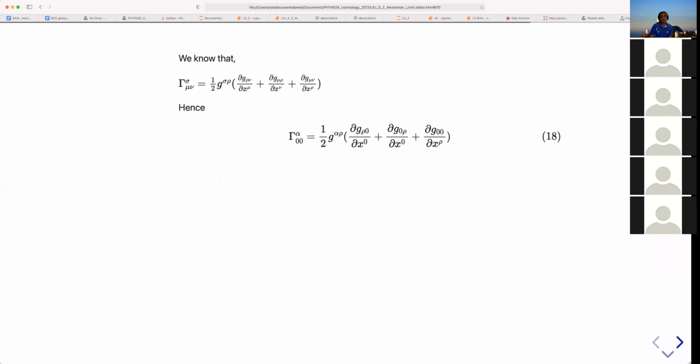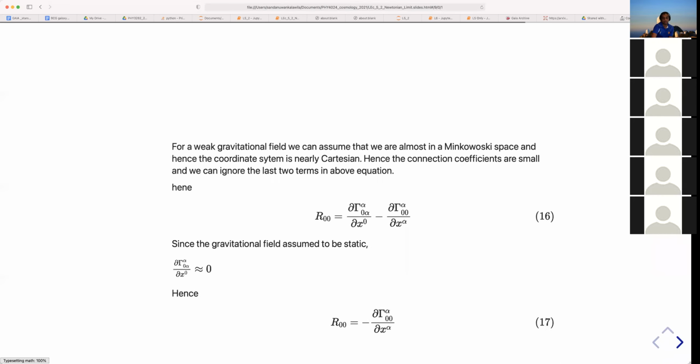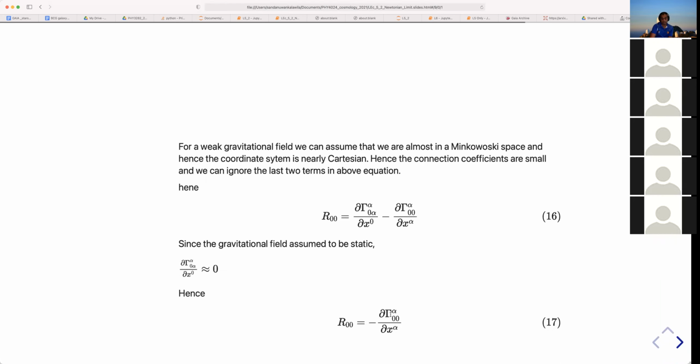Right. Now you know the equation for the connection coefficients, even from this equation right here, gamma sigma mu nu. And what we are trying to find here is the connection coefficient gamma alpha 0, 0 term, where you have both mu and nu equal to 0.